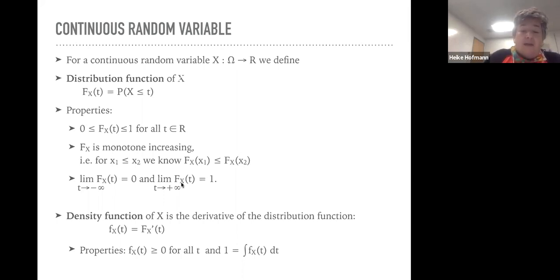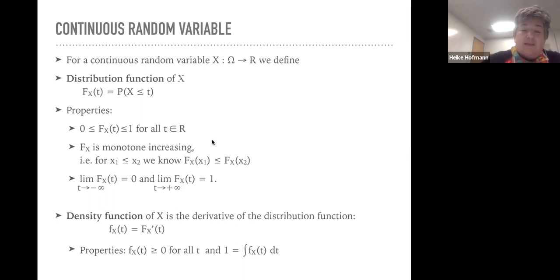And we also have to make sure that as t goes into the negative space, so it goes to negative infinity, this value is 0, and the limit of F_X of t when t goes to positive infinity is going to be 1.